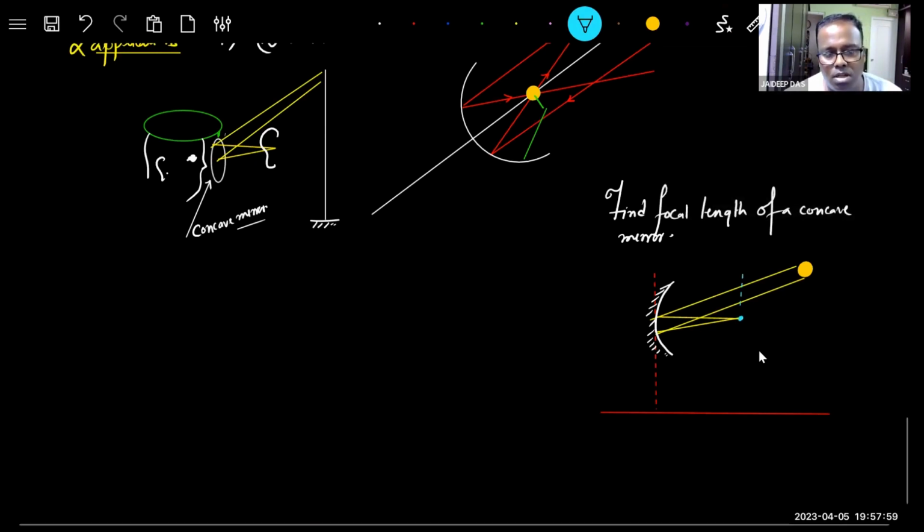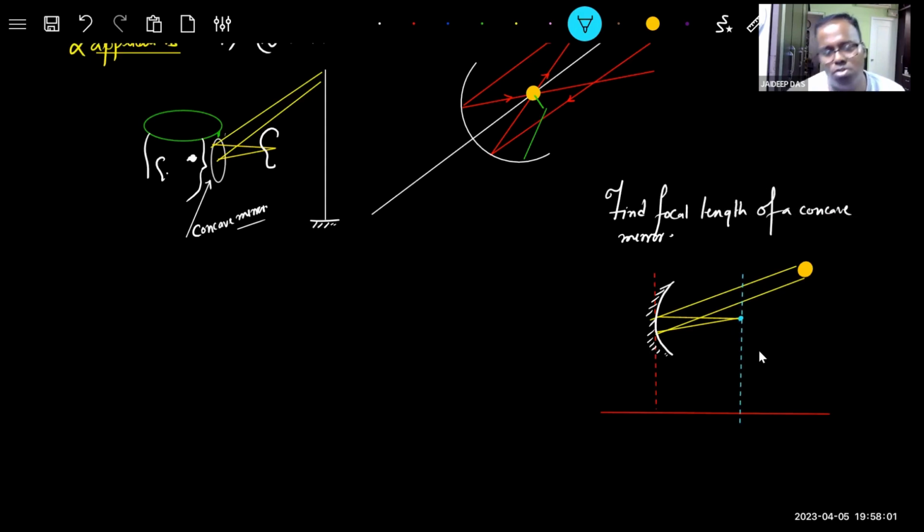And then just measure this part. This is your focal length. Did you get the idea? Take a concave mirror and fix the concave mirror. Move your light source, आगे पीछे light source को move करो. जहां dot form हो जाता है वही आपका focus है. Exactly where you get a dot, that is your focus.